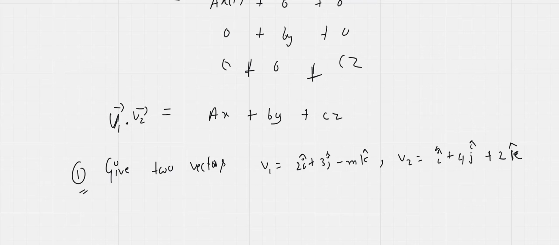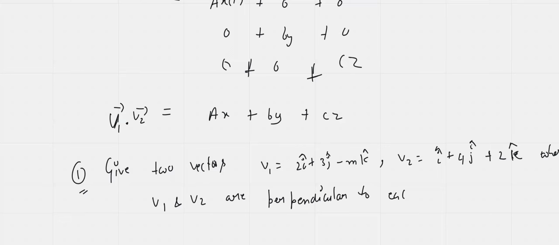This is the condition where v1 and v2 are perpendicular to each other. Calculate the value of m. You are given a particular condition; on the basis of that, figure out the value of m.